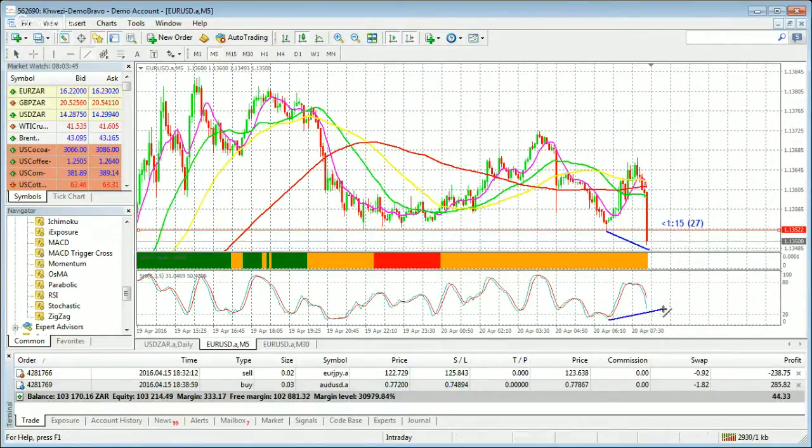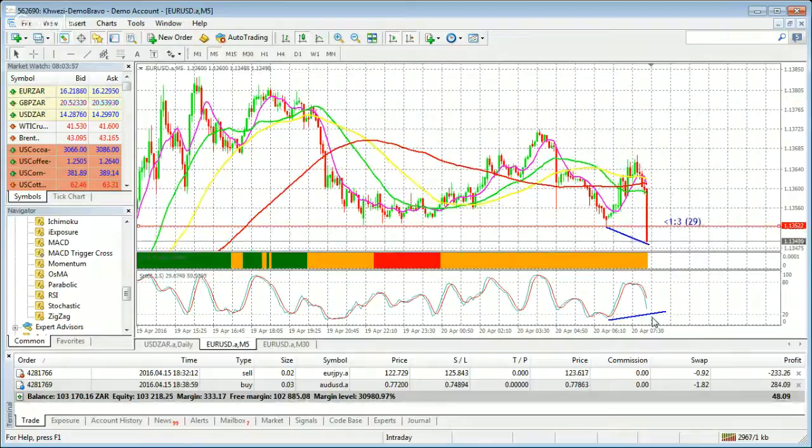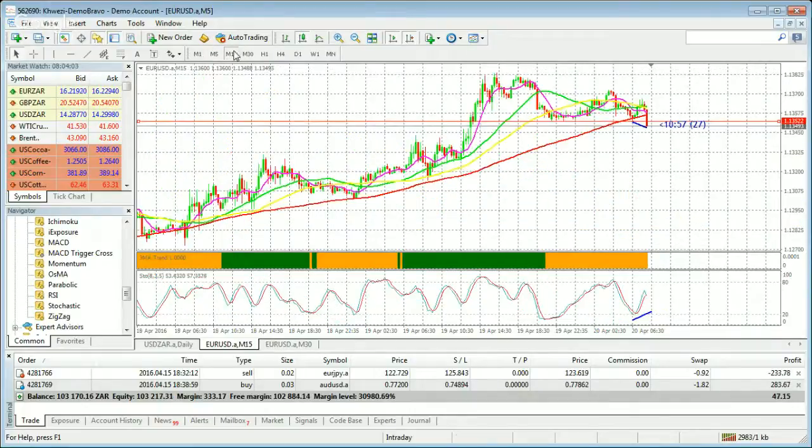Should it at any point pass this area, we're not going to have it at the level we want, so we won't be able to trade it at all. I prefer it, however, on the 15-minute as well, but this is looking for it going up. If we look at the 15-minute, we need to play it right about here, right at the bottom, so we'll need to wait a little while for that.